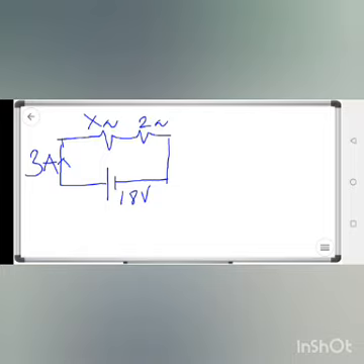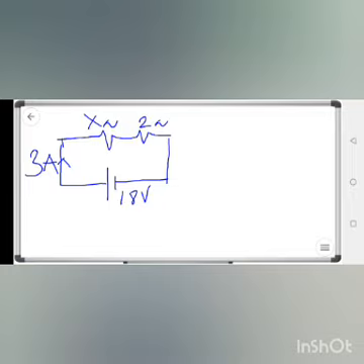If you recall, we can find the total resistance of the circuit. In the last video, because we know the total resistance, that was why we could get the value of the current. So if I know the total current and the total voltage, I should be able to get the value of the total resistance.